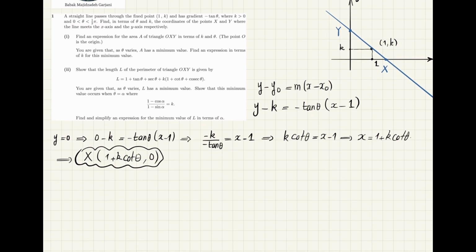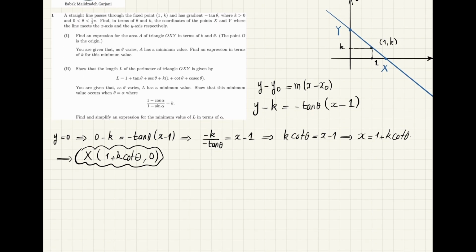Similarly, for finding the y intercept, I need to put x equal to 0. So I put y equal to 0, x equal to 0 here, then here, and what I get is this: y minus k is equal to minus tangent of theta times 0 minus 1.